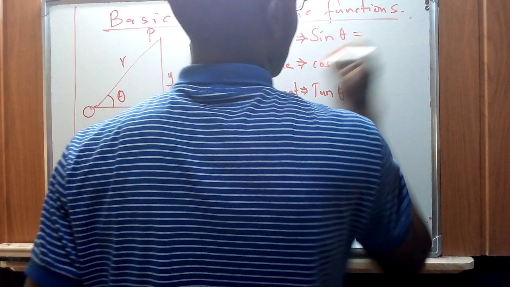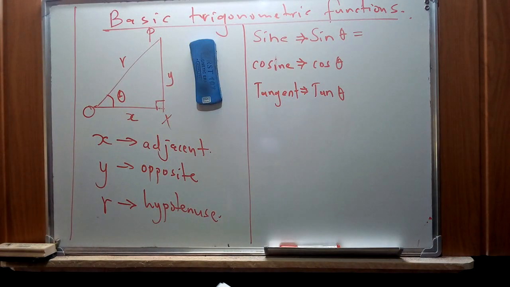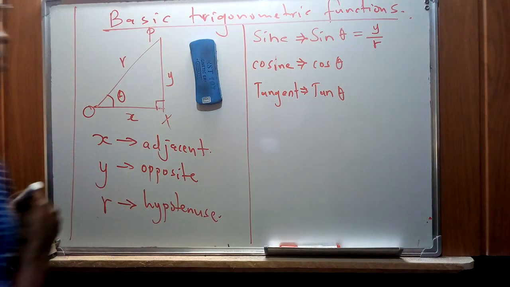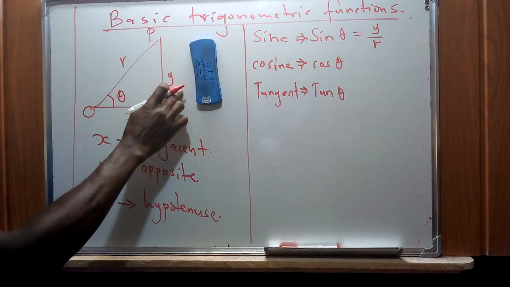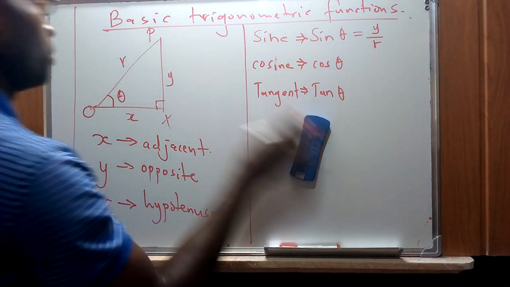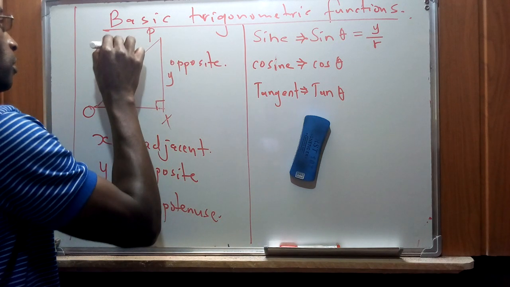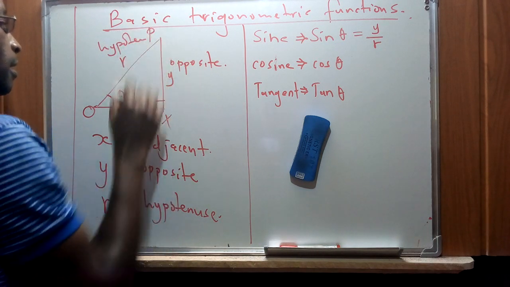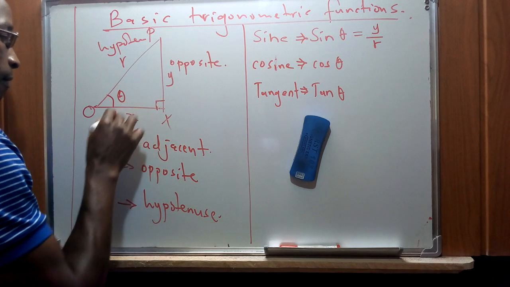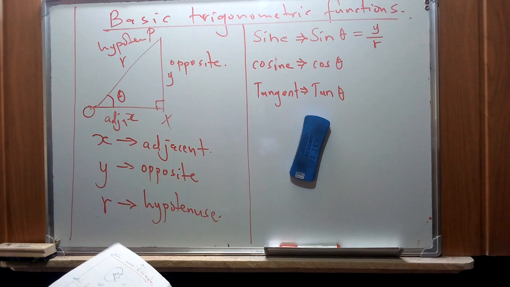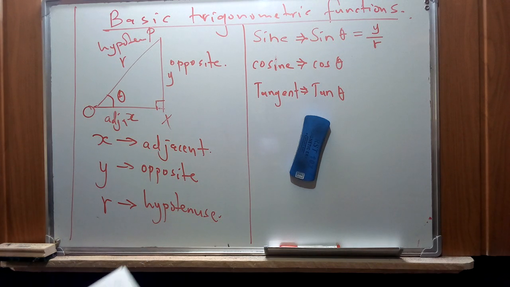These are relationships that describe the ratio between the distances, which is y over r. So, opposite the angle, hypotenuse, and this is adjacent. Basically, we can say that sine is the relationship between opposite over the hypotenuse.